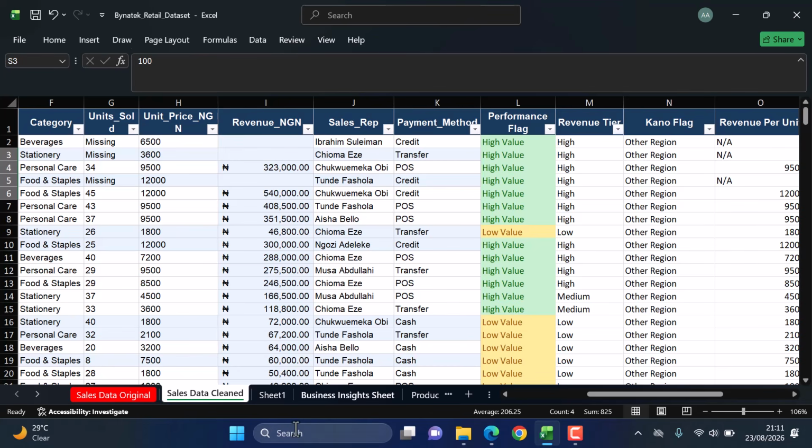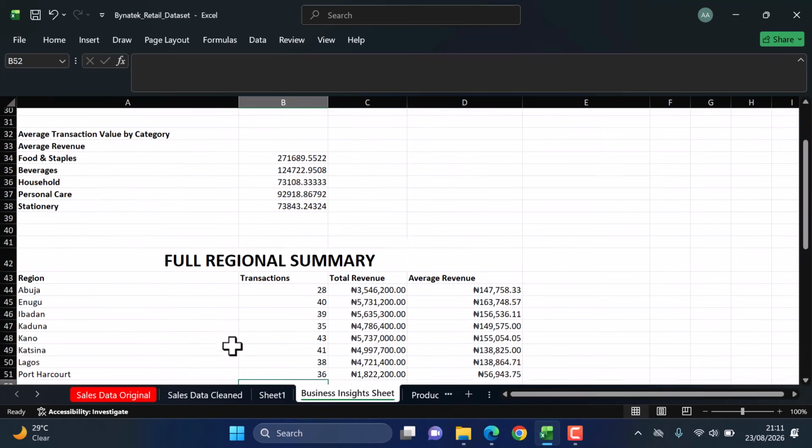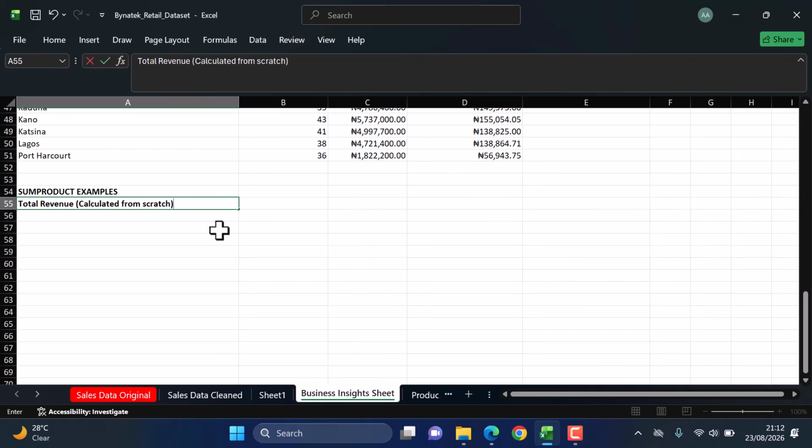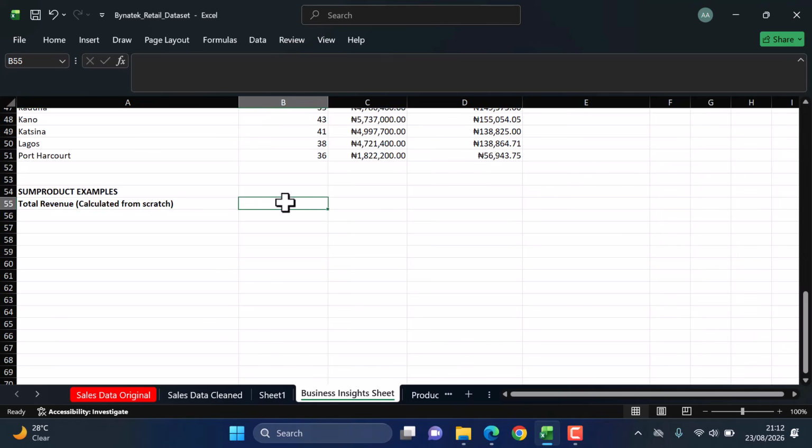To do this, let's go to our business insight sheet and go down, looking for somewhere around here. Let's call this SUMPRODUCT examples. In B51, let's call it total revenue, calculated from scratch, so that you can know what we are trying to do. And then here we do the calculation.